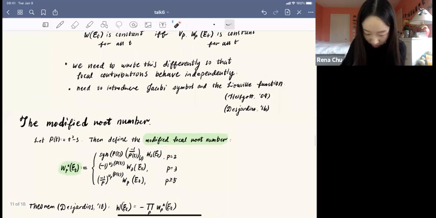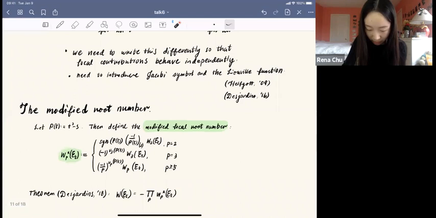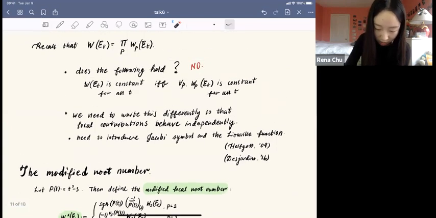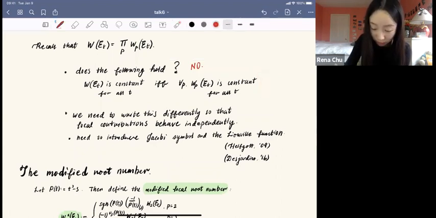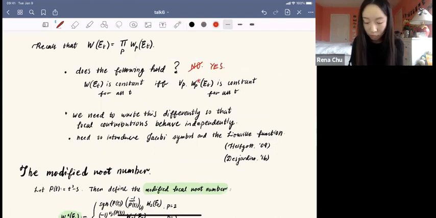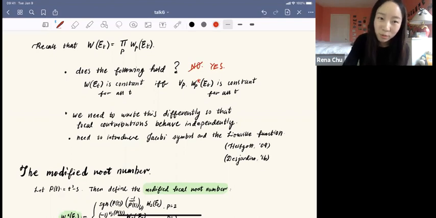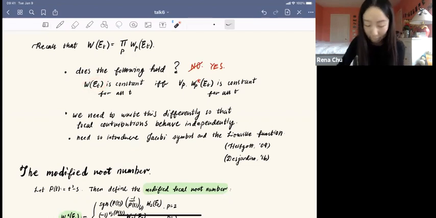So now what's good about this is that this local-global principle that we wanted from before, if we replace that with w_p star, actually holds. So what that means is now we can look at each local root number independently, compute them, and then conclude for the global root number here.